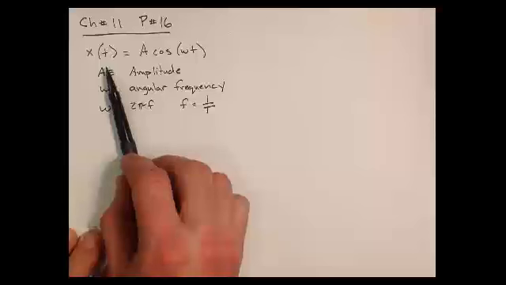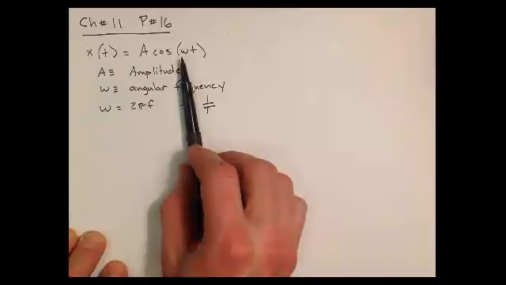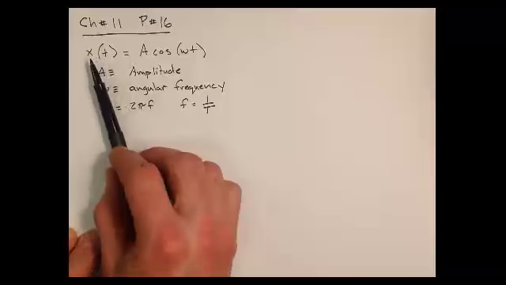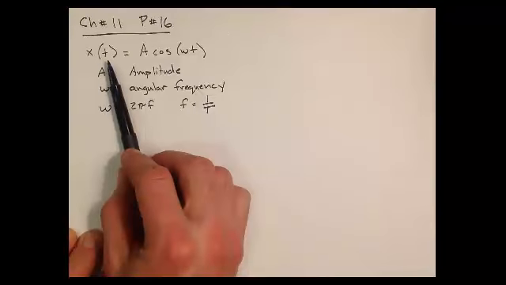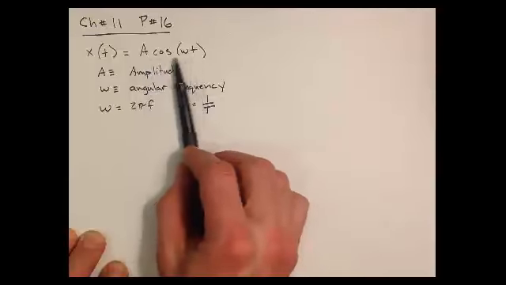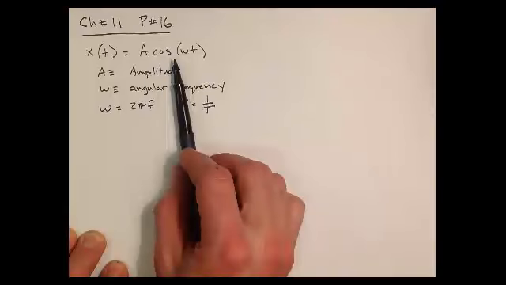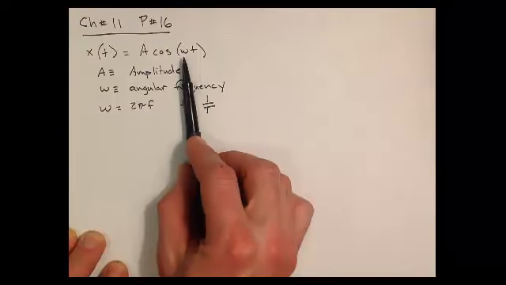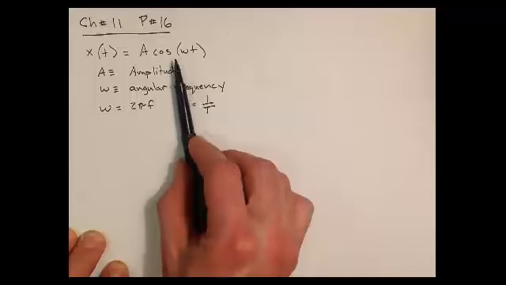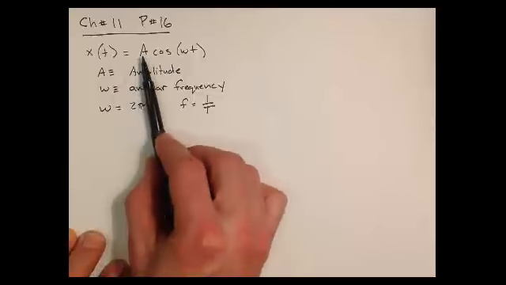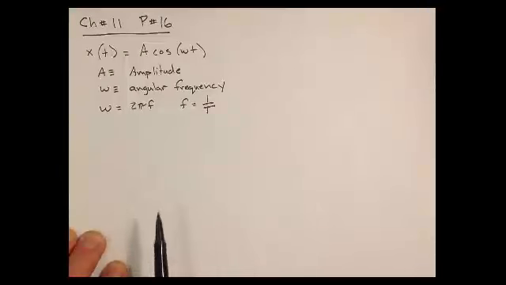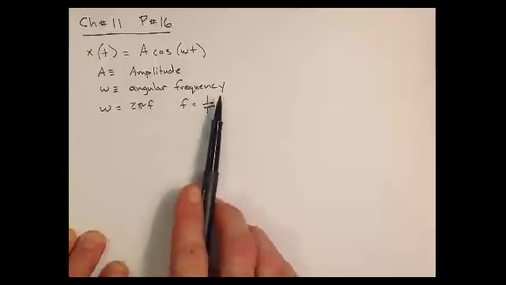We can write a general equation for an object undergoing simple harmonic motion: its position as a function of time could be written as A times the cosine of omega t. I know this looks like a W, but it's actually the Greek letter omega, where A is defined to be the amplitude of vibration, and omega is something we call the angular frequency.